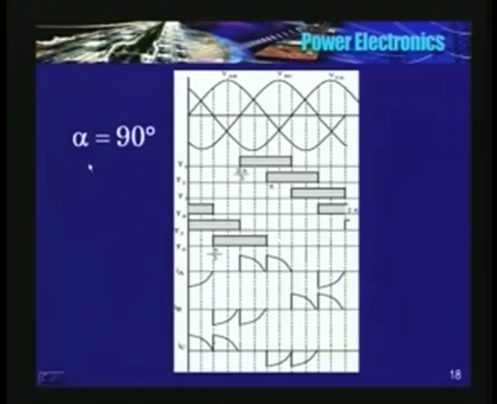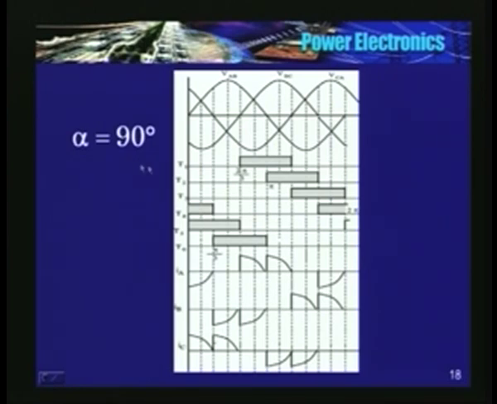For alpha equal to 90 degrees, see, I have drawn the line to line voltages VAB, VBC and VCA. Alpha is 90 degrees.